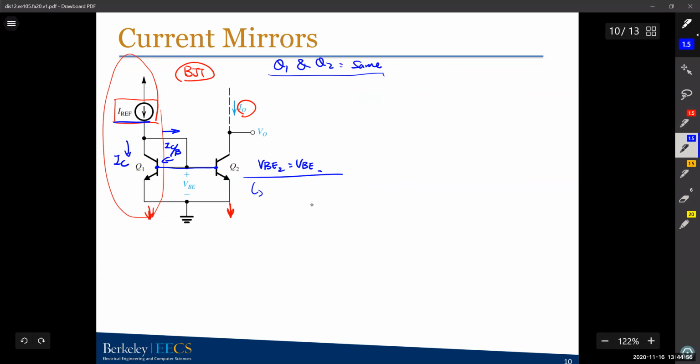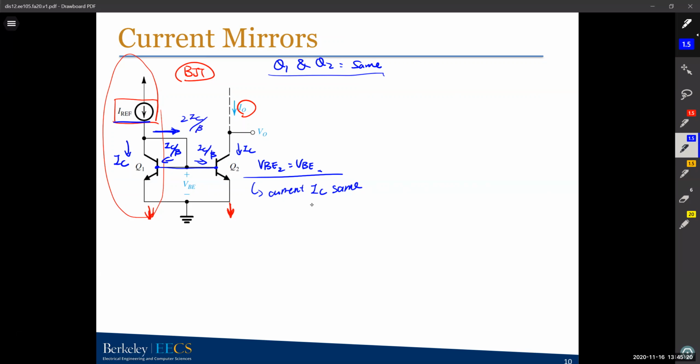That means your current IC will be the same for two devices. So for Q2, you also have an IC flowing downward. If you have an IC flowing downward, you must have a base current which equals IC over beta. That means this part will be 2 IC over beta.